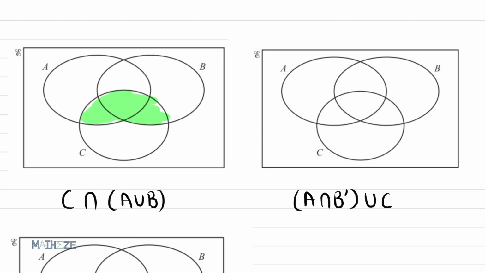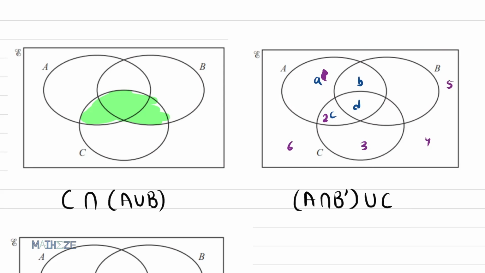It says A intersection B complement. Okay, what area will it be? A means this one. A, B, C, D. B complement means everything other than B. So let me write down numbers. 1, 2, 3, 4, 5, 6.